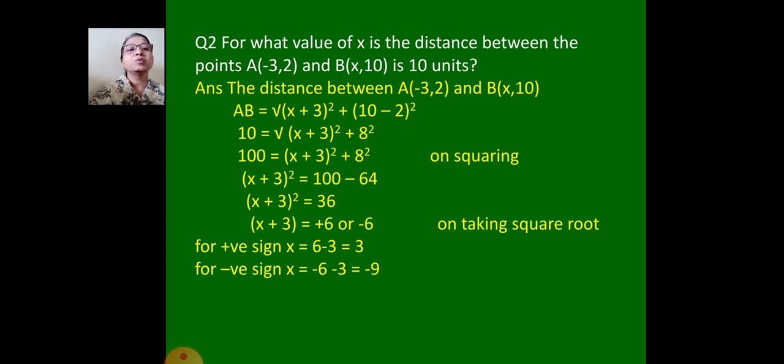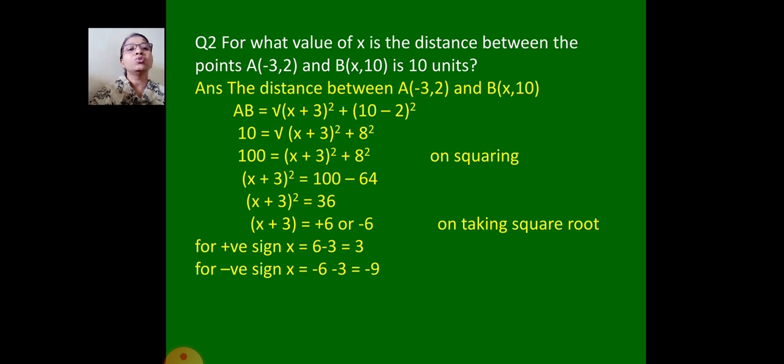So the distance between A (minus 3, 2) and B (x, 10) is given by the distance formula. AB is equal to square root of, consider first point A as x1, y1 and the coordinates of B as x2, y2. So accordingly you substitute the values, that is x plus 3, minus of minus 3 is plus 3.